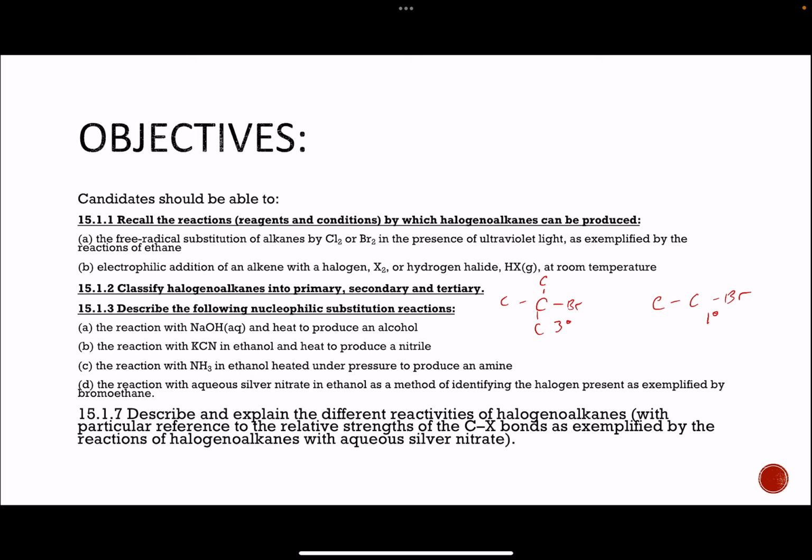Whenever you see primary, secondary, tertiary, the prediction is always done the same way. And then the new objectives now describe the following nucleophilic substitution reactions. Today you're going to have your first group of reactions you have to memorize.